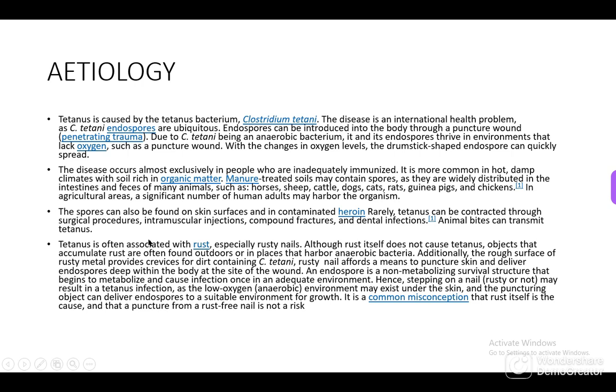Tetanus can also be contracted through surgical procedures, because not every surgical site or operation theatre is equipped. You cannot say 100% that they are hygienic. I have seen one OT where the people inside were taking tea and samosas, and they were smoking also.